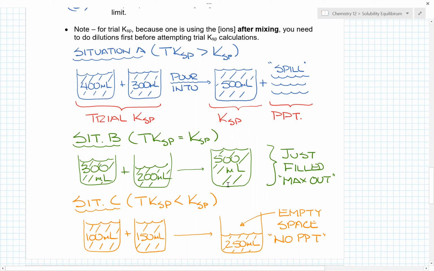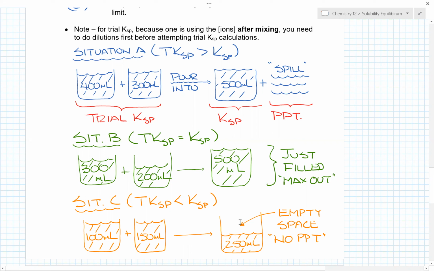Situation B would be like you going and having a dinner and you are just perfectly fine. Okay, you don't want to eat anymore. You are just filled out. Situation C would be like you go for dinner, but you don't eat enough, and so you are more than able to eat your dessert or a second meal or a snack or something like that.